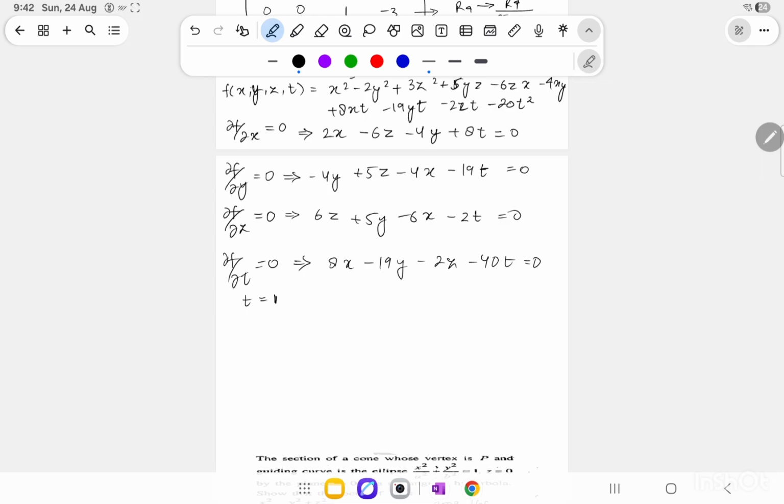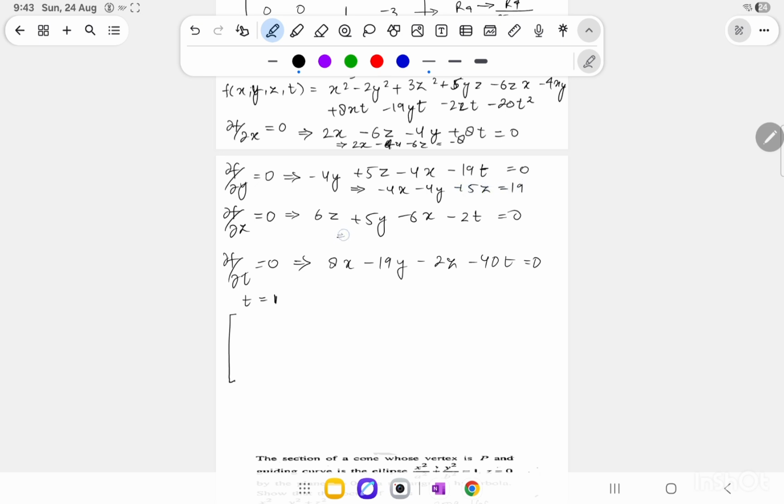So I'll just solve first three equations by substituting t equals to 1 and see what I get. So if I just put t equals to 1 here, I'll get 2x minus 4y minus 6z equals to minus 8. Likewise, if I substitute t equals to 1 here, I'll get minus 4x minus 4y plus 5z equals to 19.